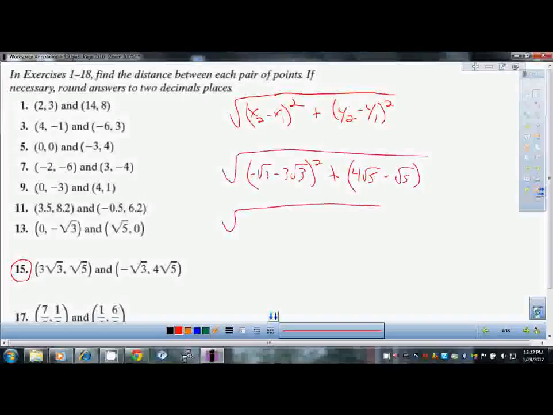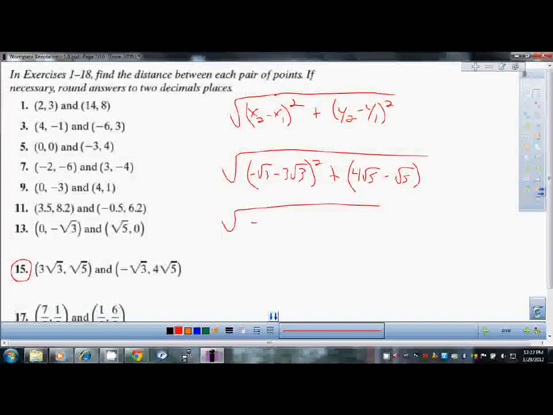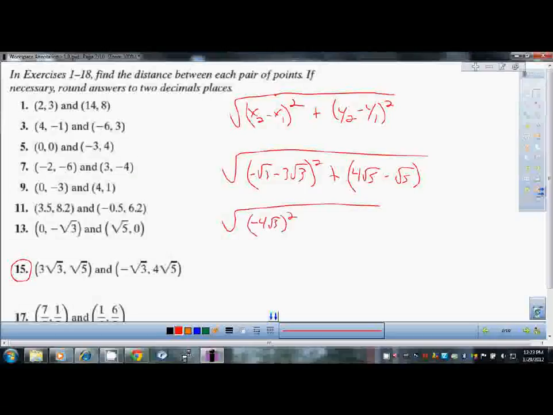Negative 1 radical 3 minus 3 radical 3 is negative 4 radical 3. 4 radical 5 minus 1 radical 5 is 3 radical 5. When you square these, make sure you do it one piece at a time.